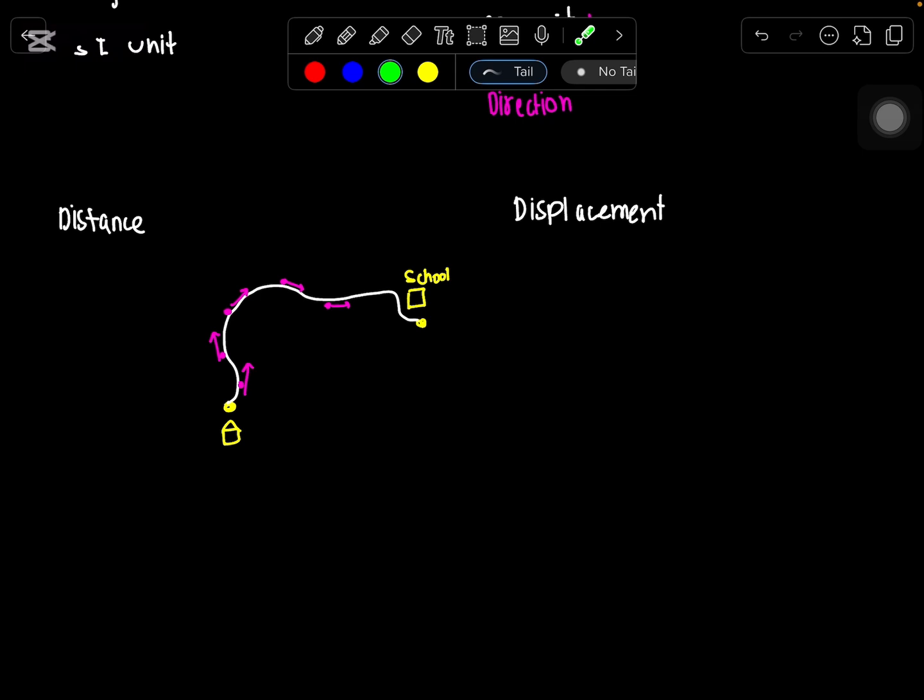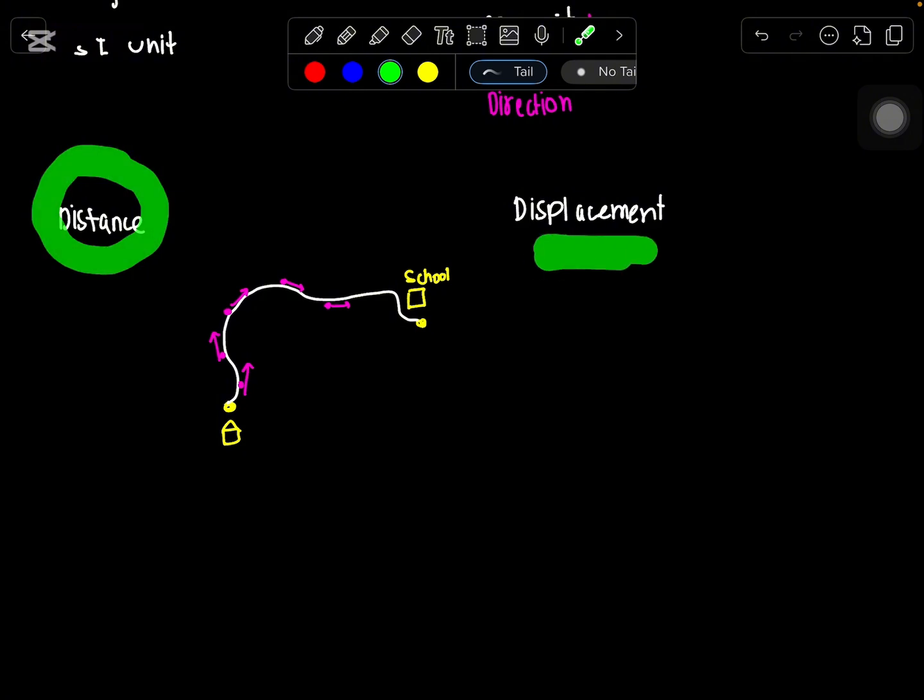But if I told you that there is a short distance from your house to the school, let's reword our idea. Or firstly, let me complete the concept of distance before I move on to displacement.